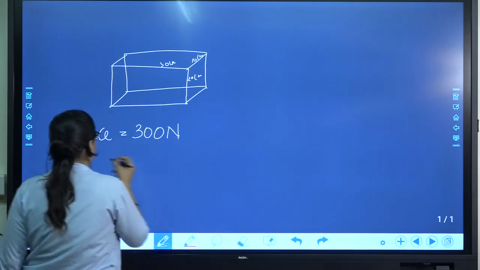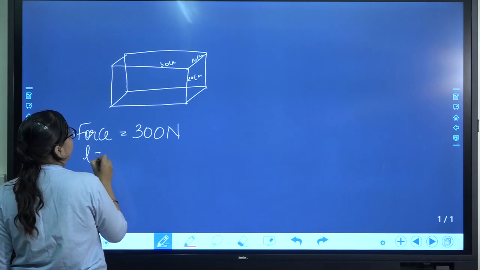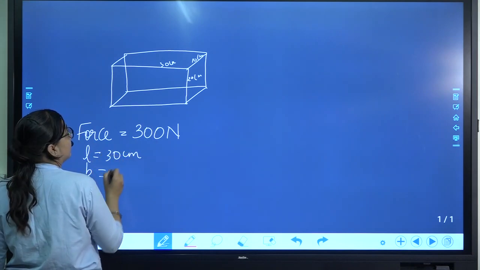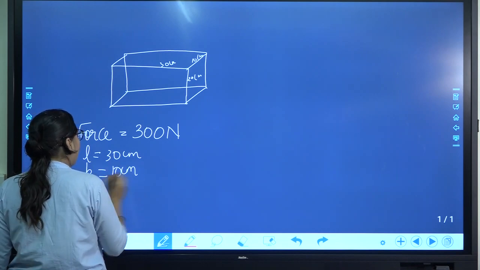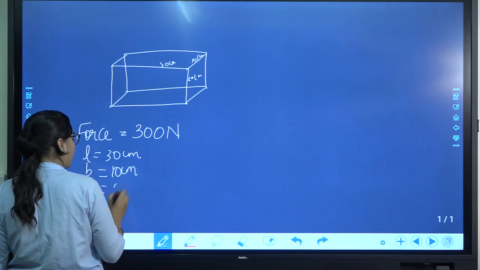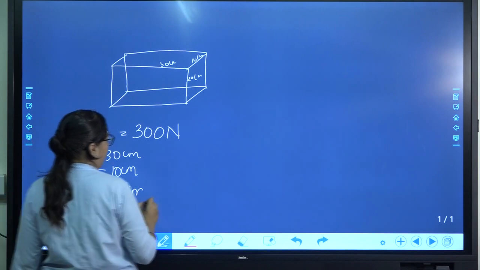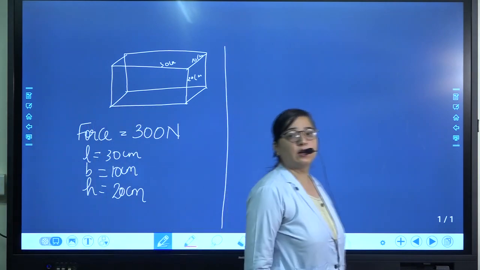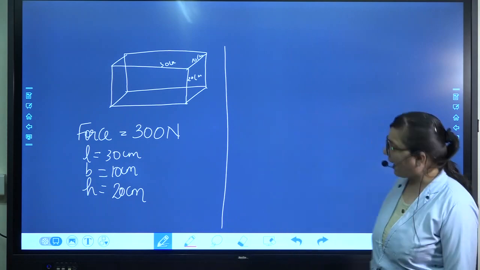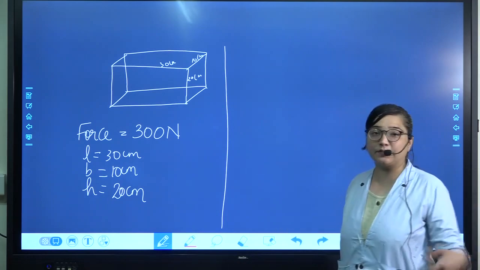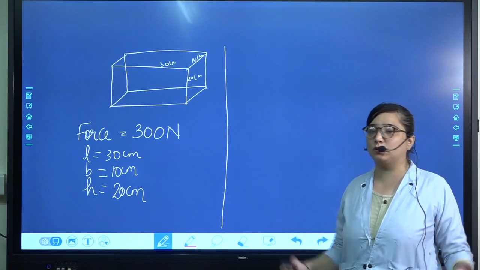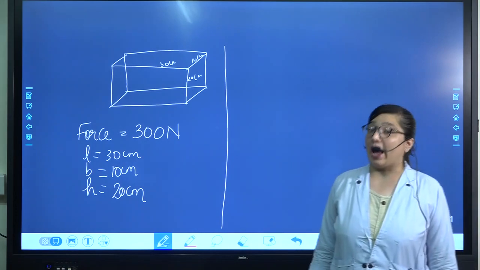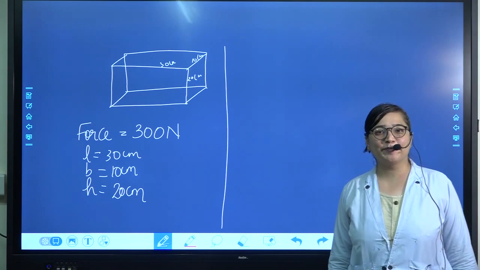So, length 30, breadth 10, height 20 centimeter. There are 3 faces, 3 areas and 6 faces, but 2 are repeated. Force is given. Try it out. I am giving you 1 minute time.